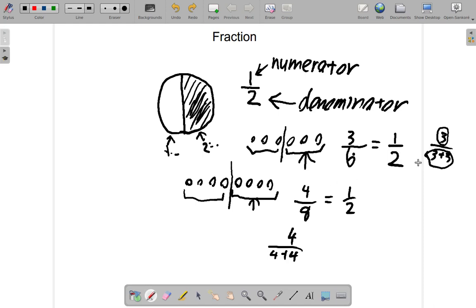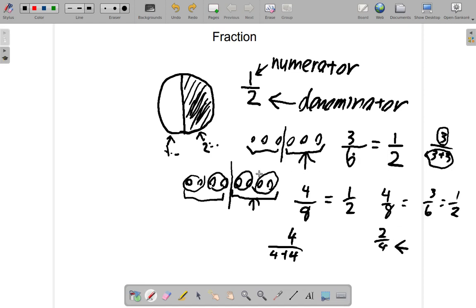All right, so I can say 4 out of 8 is equal to 3 out of 6 is equal to 1 out of 2. 4 out of 8, you might have guessed it, is also equal to 2 out of 4, because if I consider pairs of apples, and I have 1 pair, 2 pairs, 3 pairs, 4 pairs of apples, the total number of equal parts is 4.